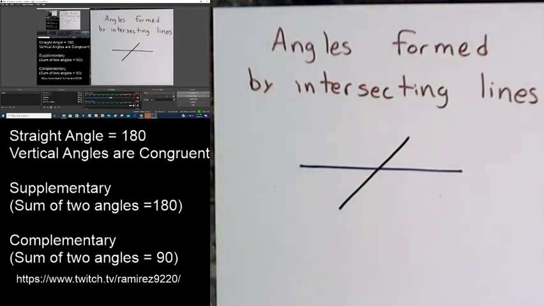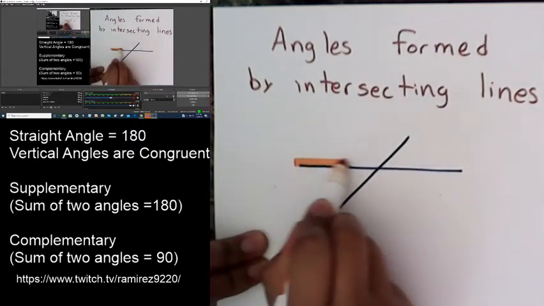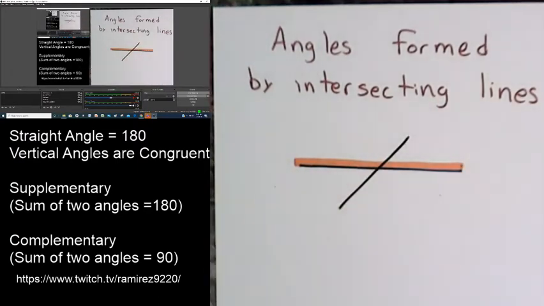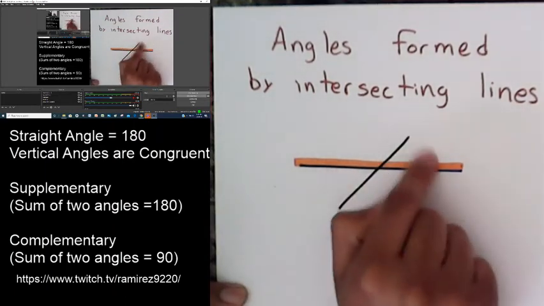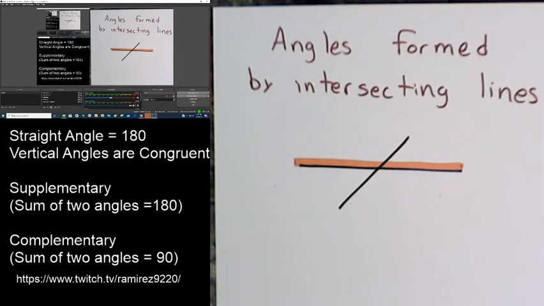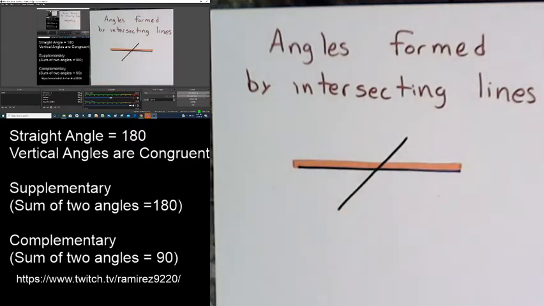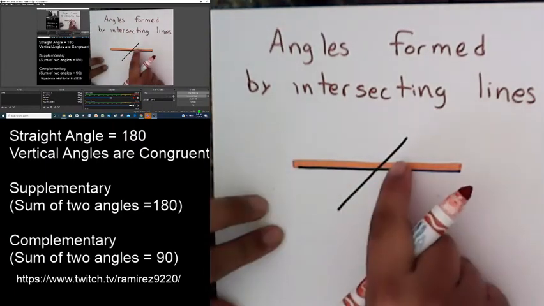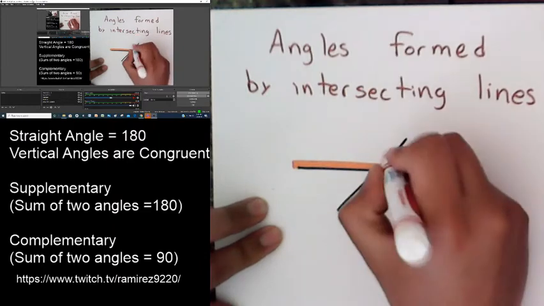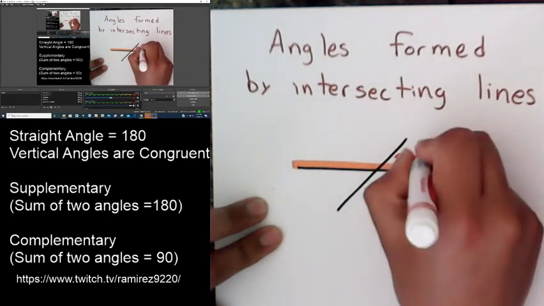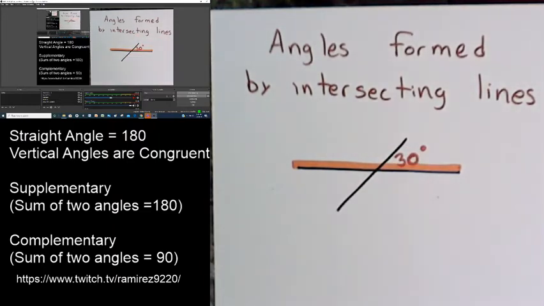So angles formed by intersecting lines. I want to remind you that anytime we have a straight line, we have a 180. So I know that the angle here is 180. I have this black line cutting it though. Let's say I got my protractor, I put it down, and I found out that this angle right here was 30 degrees.